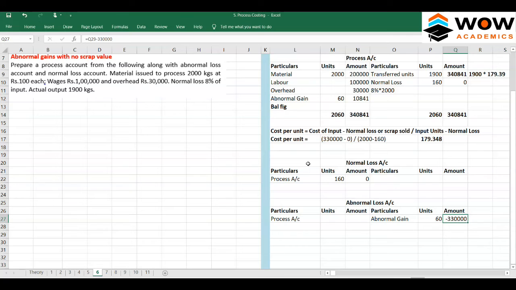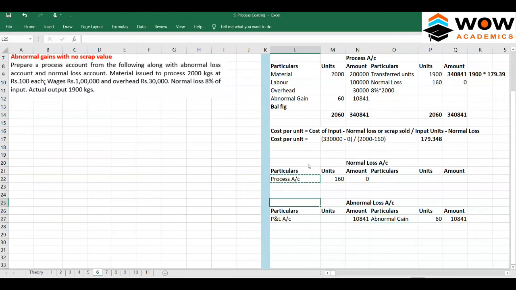So this would be 10,841. Okay, see this 10,841 directly goes to the P&L account here. It goes to the P and L account, and abnormal gain is a process account.